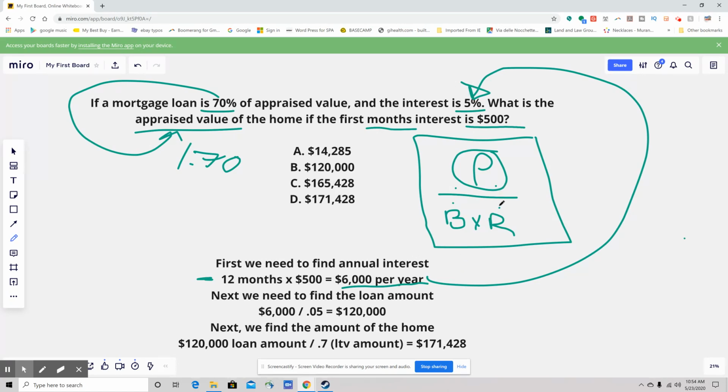So we're going to divide the part by the rate, right? Because we don't know this one. This one is our big question mark right now, okay? So what we're going to do is divide the part by the rate. So we're going to take 6,000 divided by 5%, and we're going to come up with the loan amount.